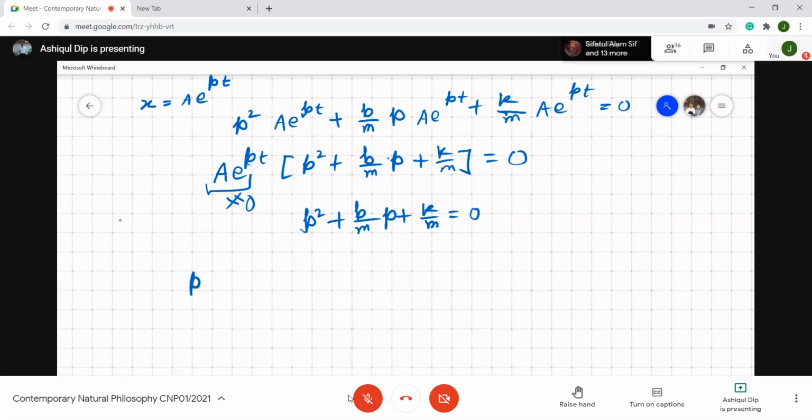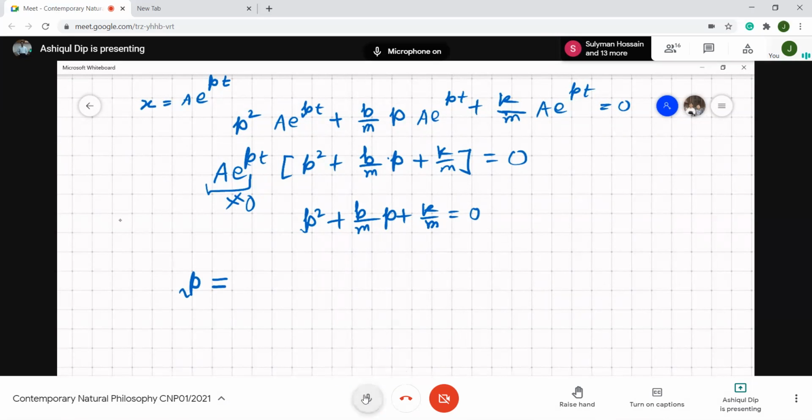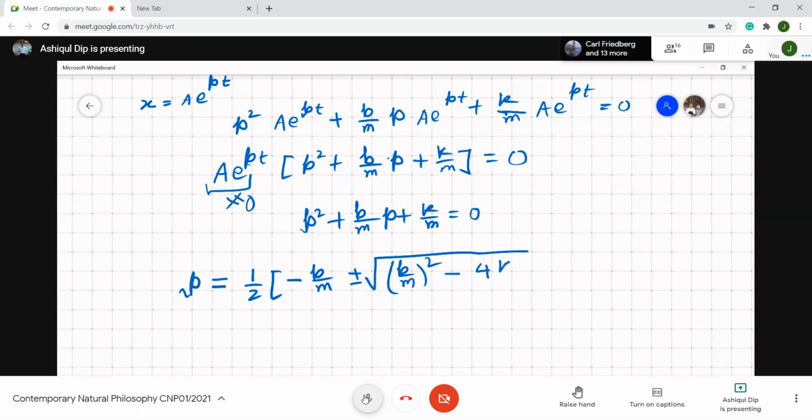So what's the solution? p has two possible solutions: p equals minus b by m, plus minus square root of b by m whole squared minus 4 k by m, all over 2.